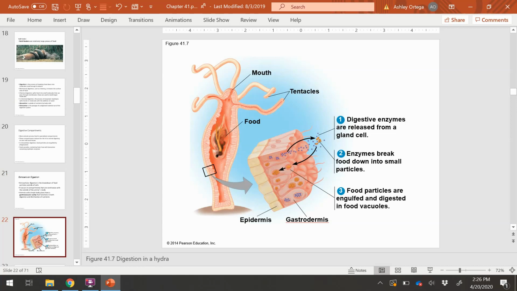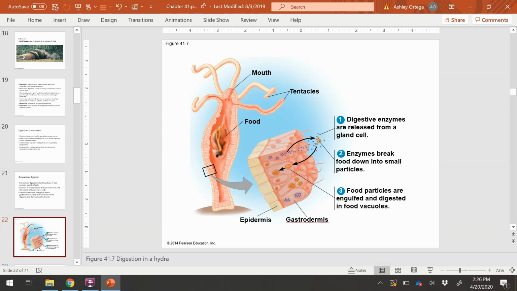and that it has swallowed that food through its mouth, and now it's in the gastrovascular cavity, where the gastrodermal layer will release digestive enzymes from a gland cell. Those enzymes will break down the food into small particles that are then engulfed by phagocytosis and digested into food vacuoles.